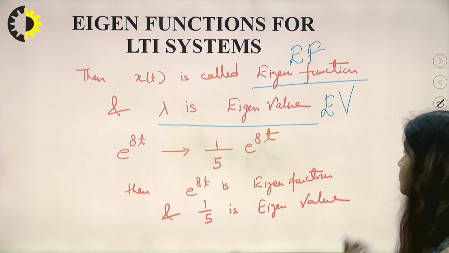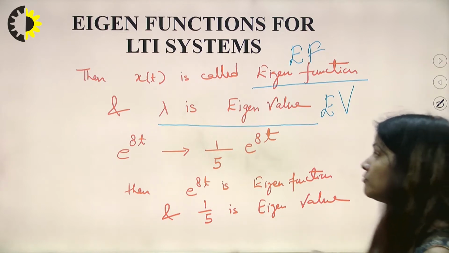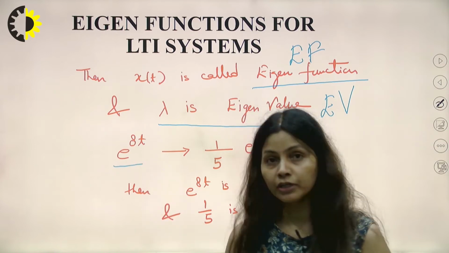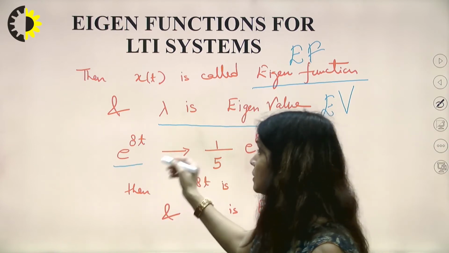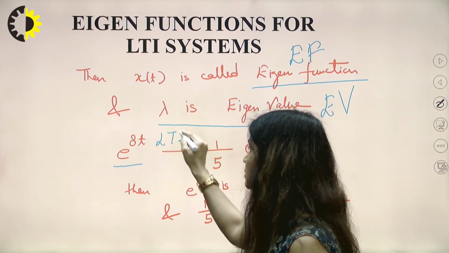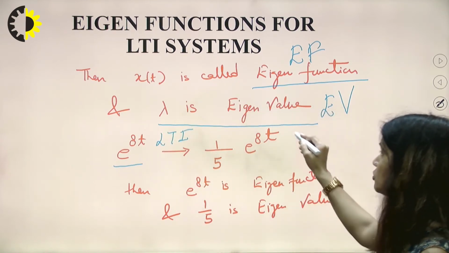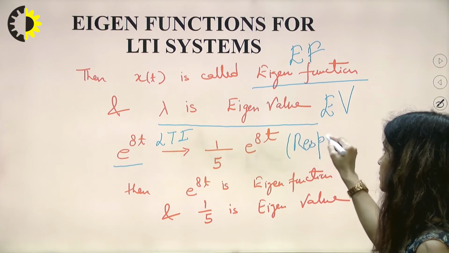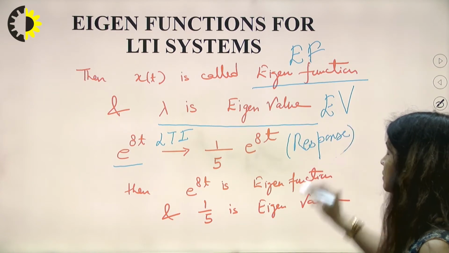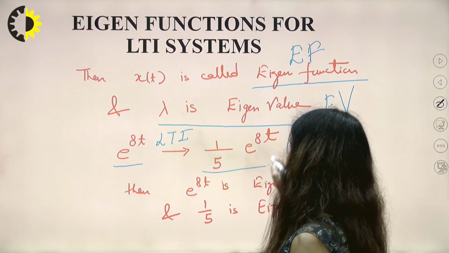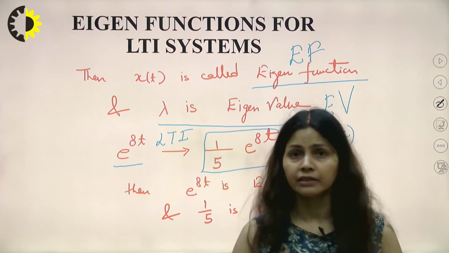So suppose I am having one input e raised to the power 8t. This is my input, and by passing through the LTI system, the response comes out to be 1 by 5 multiplied by e raised to the power 8t.